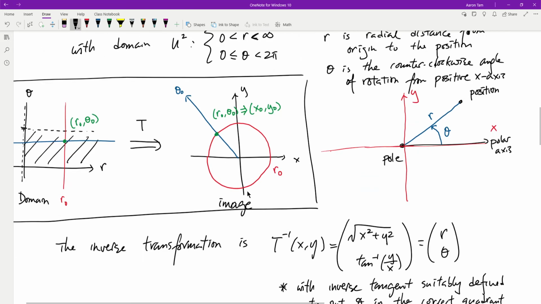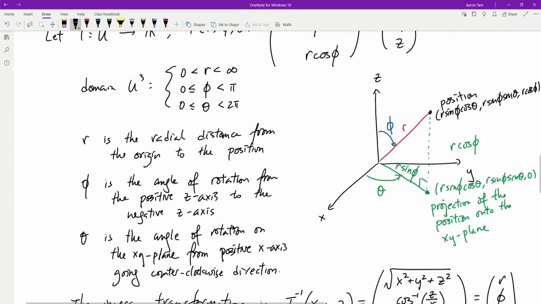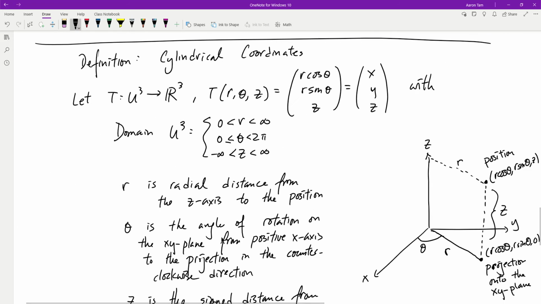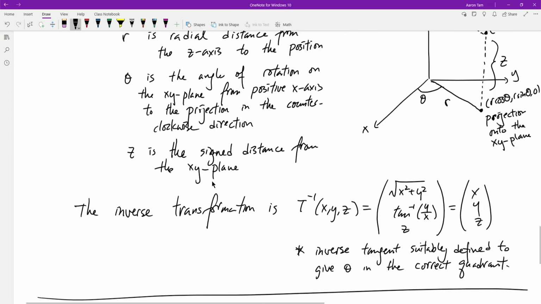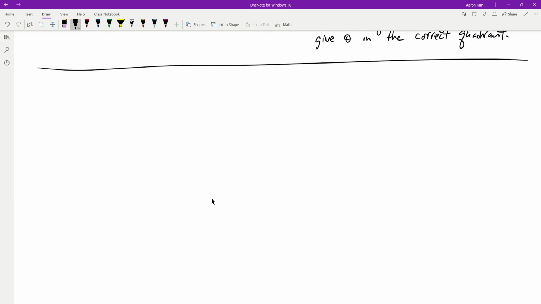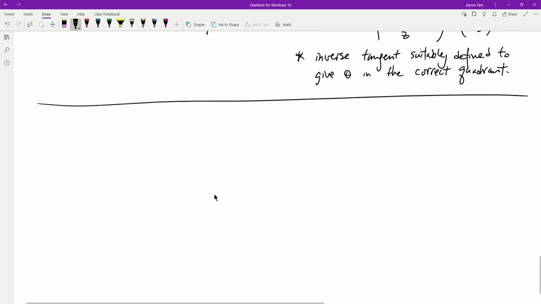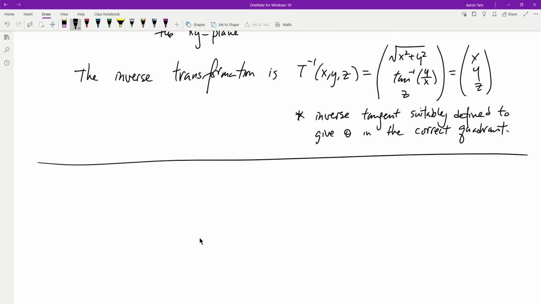And because it's a coordinate transformation with multiple independent and dependent variables, its derivative is actually a matrix, a derivative matrix. And this derivative matrix has a special name. It's called a Jacobian matrix. So what is a Jacobian matrix?